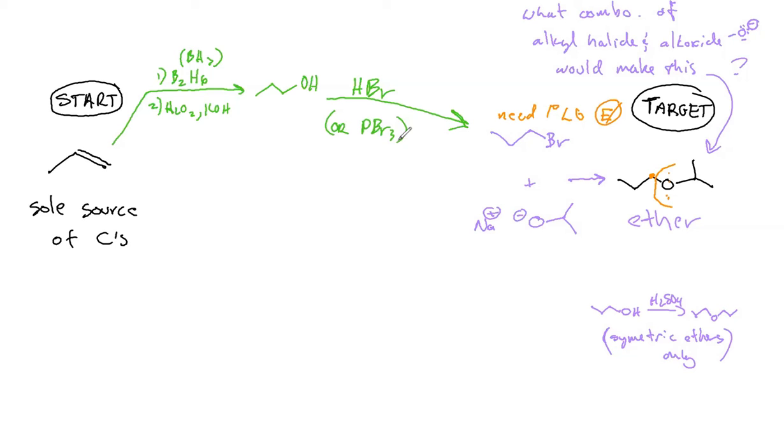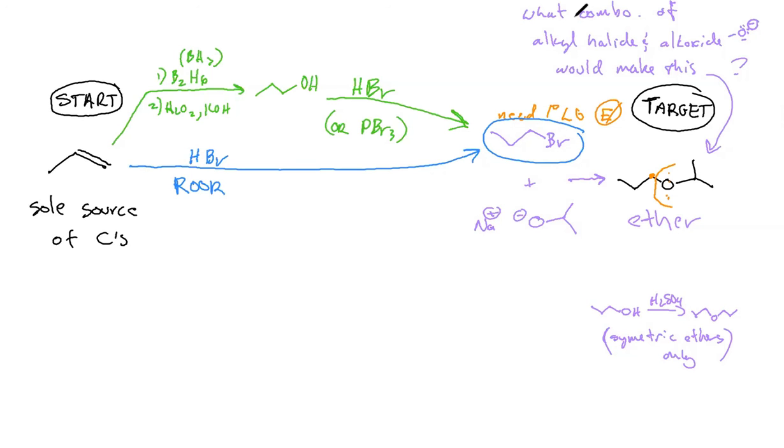And if we wanted to take a little bit of a shortcut, we could go straight from the alkene to that bromide. Anybody remember how we do the anti-Markovnikov addition of HBr across a double bond? We use HBr and we add some peroxide. Now, either of those routes works as long as we get this. It doesn't matter if we do it in one step or in two.